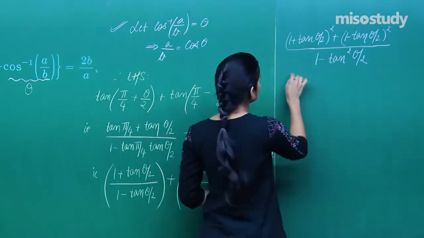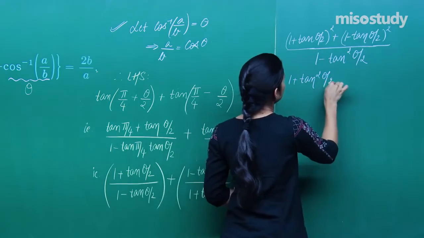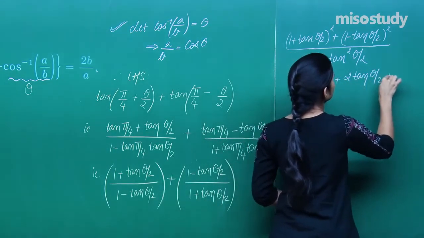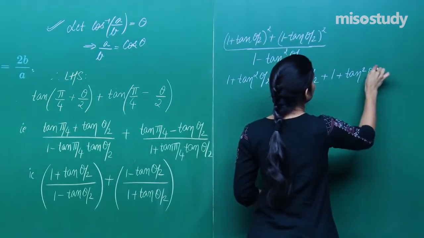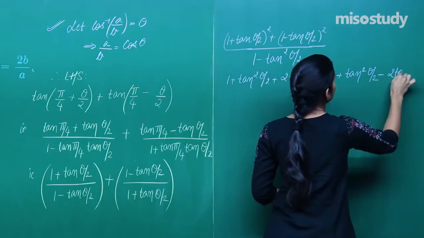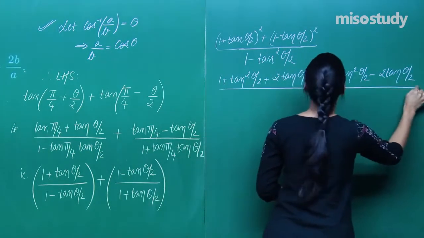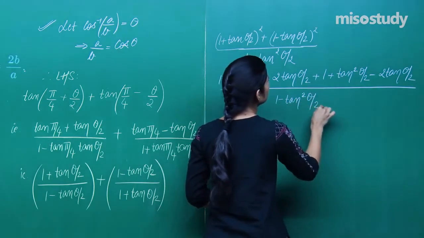This comes out to be what? a square plus b square plus 2 tan theta by 2, plus again a square plus b square minus 2 tan theta by 2, whole upon 1 minus tan square theta by 2.